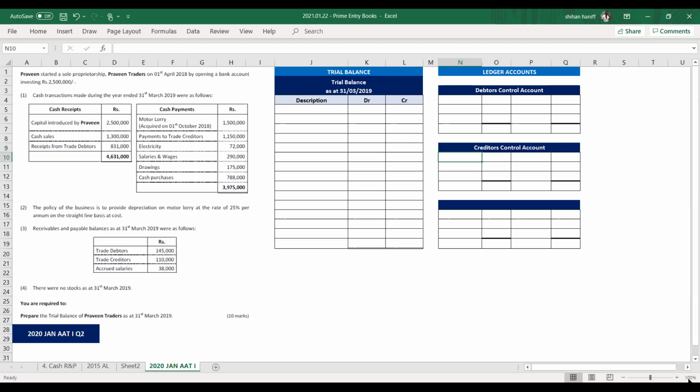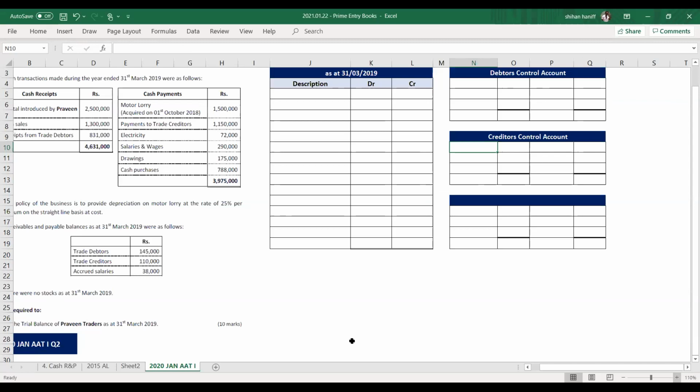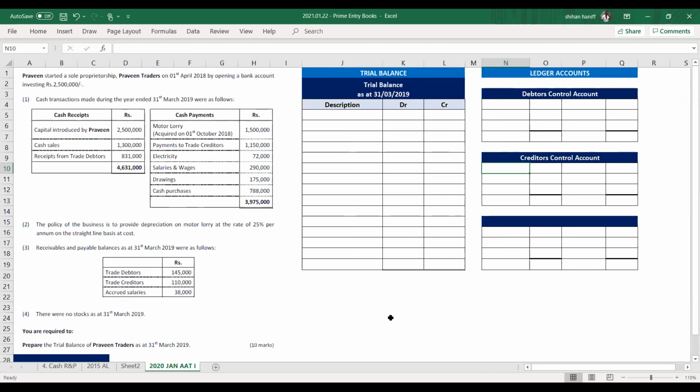So how do you decide the ledgers? We decide based on whether there are any opening or closing balances. For them only we prepare the ledgers. For other transactions you don't need a ledger account.